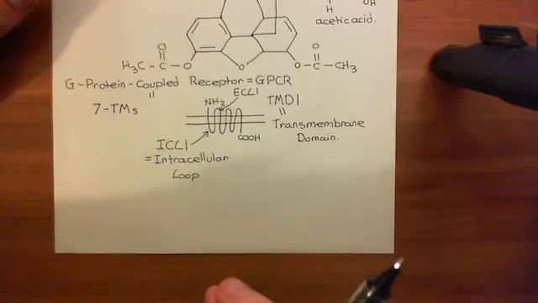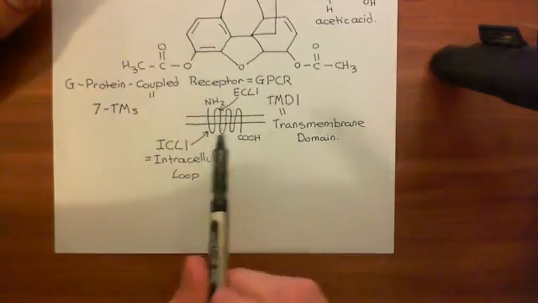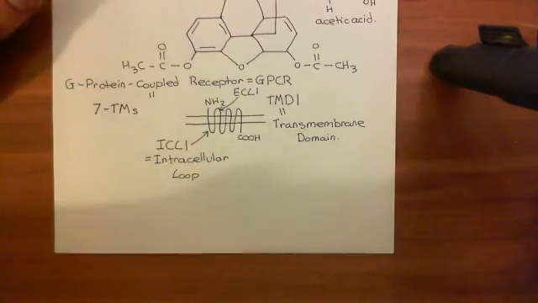We do not understand why this 7 transmembrane domain structure is so special, but nature seems to have found that it was brilliant and just latched onto it and run with it. We don't understand what the significance of the 7 transmembrane domains is, but there seems to be something fantastic about having 7 membrane-spanning alpha helices because it has been used so much.